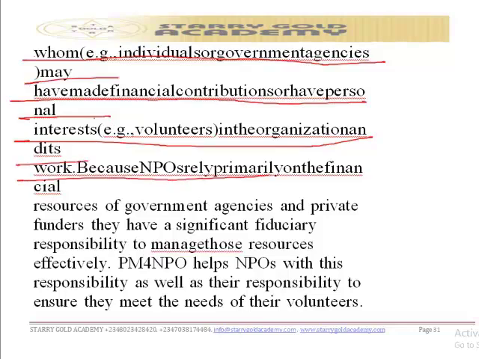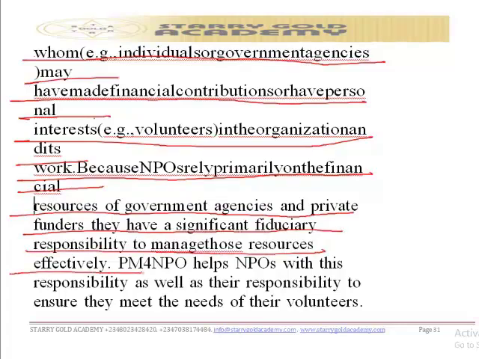Because NPOs rely primarily on the financial resources of government agencies and private funders, they have a significant fiduciary responsibility to manage those resources effectively.